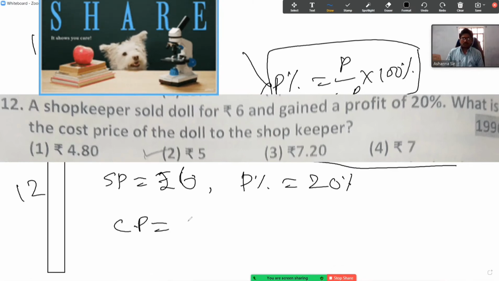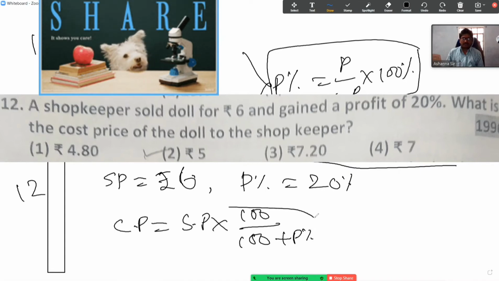Cost price is equal to selling price into 100 by 100 plus profit percentage. This is the formula.